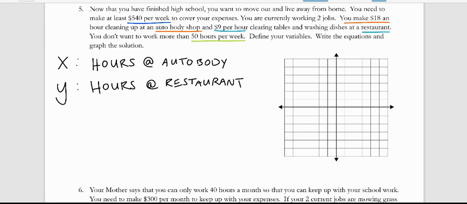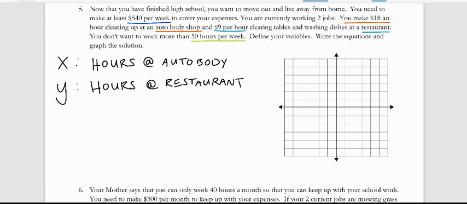Let's go ahead and write out 2 equations. The first equation is to make at least $540 per week, we need to be working so many hours at the auto body shop, making $18 an hour, and also so many hours per week making $9 per hour at the restaurants.